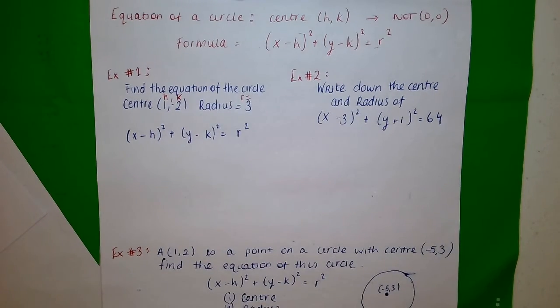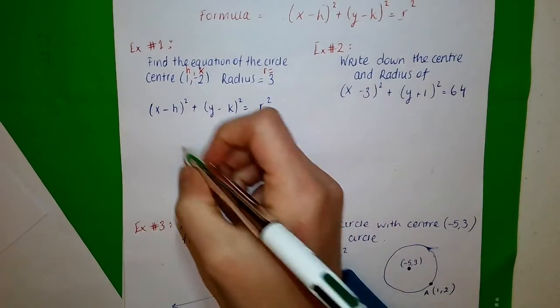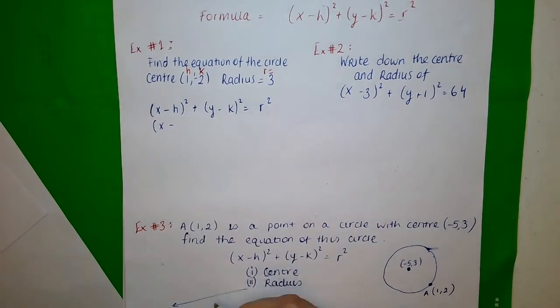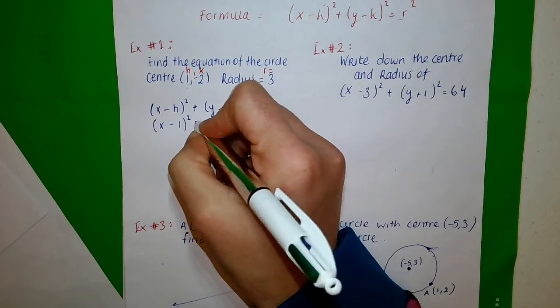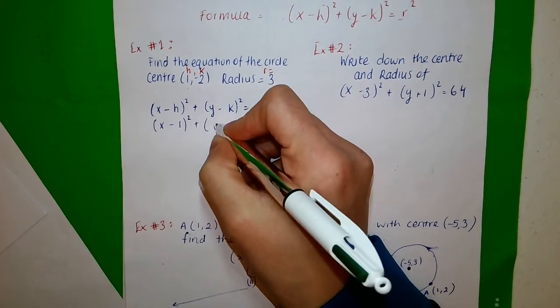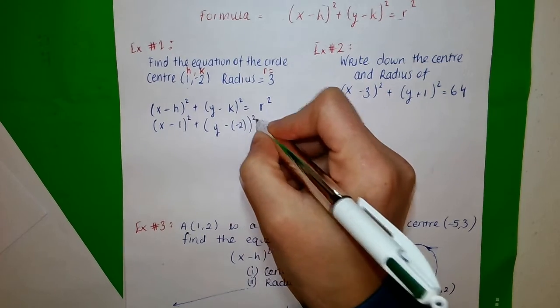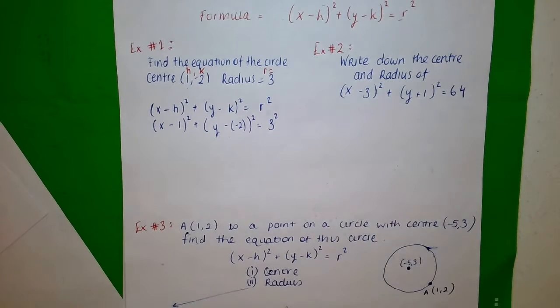Once we've done that we can sub those straight into the formula. h is equal to 1 and k is equal to −2. Because it's a minus number I'm going to put it into a bracket. Our radius here is 3, and so we square that.